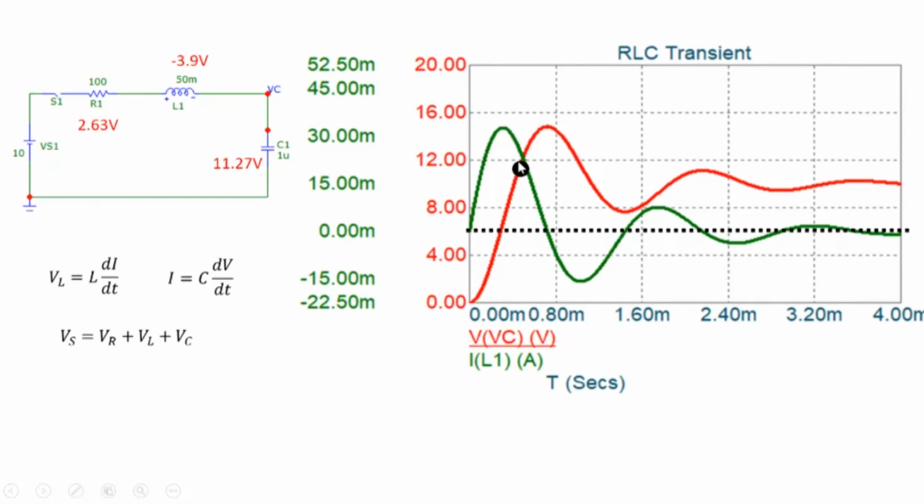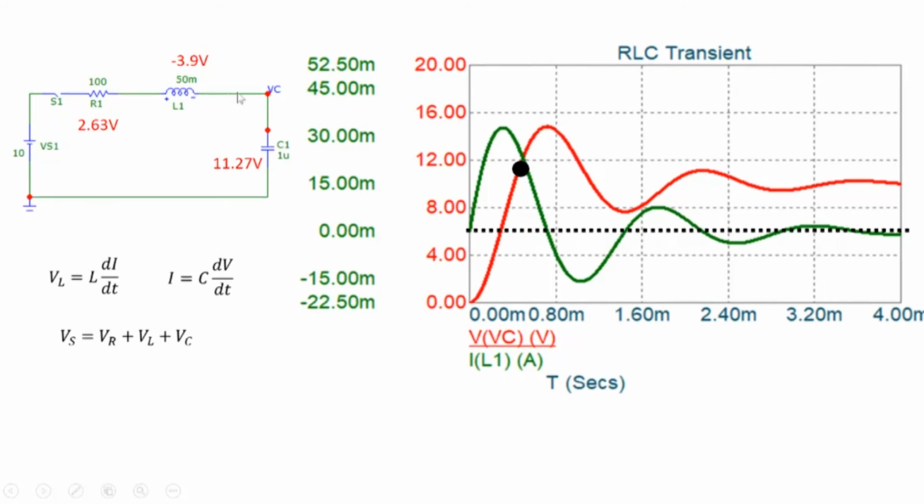Next case. When we are here, we still have current, so current is positive. So there's a drop here, 2.63 volt. And now note that the voltage across the inductor has become negative, right? Because di by dt is negative. So this is minus 3.9.